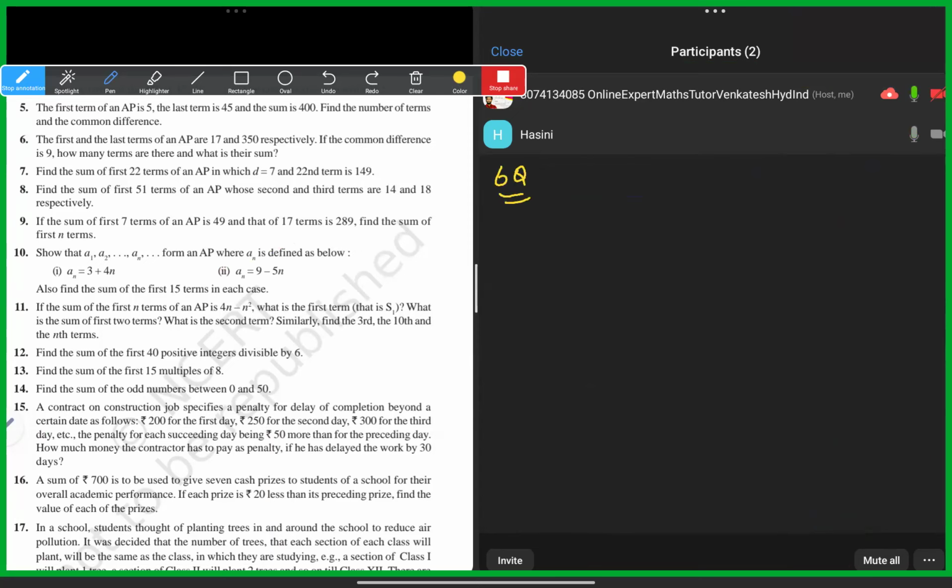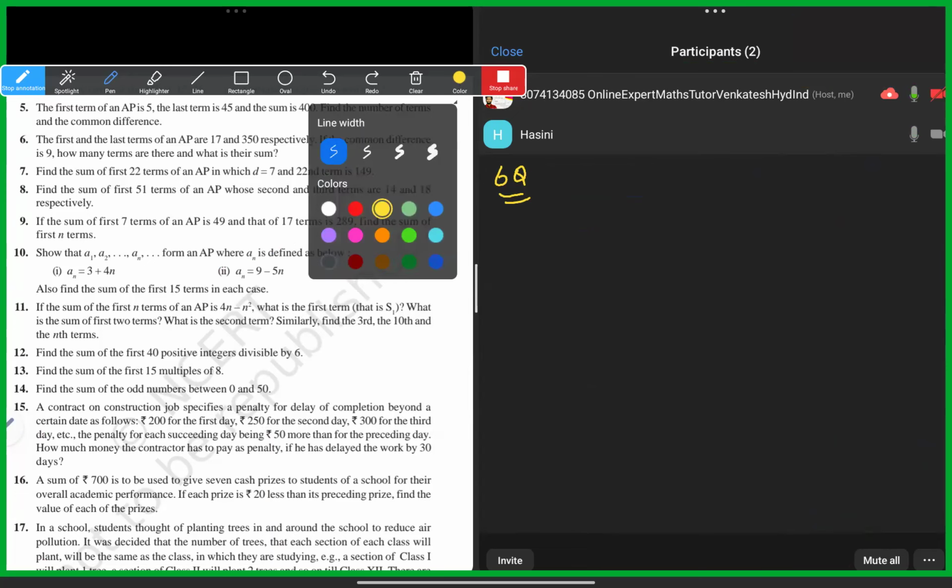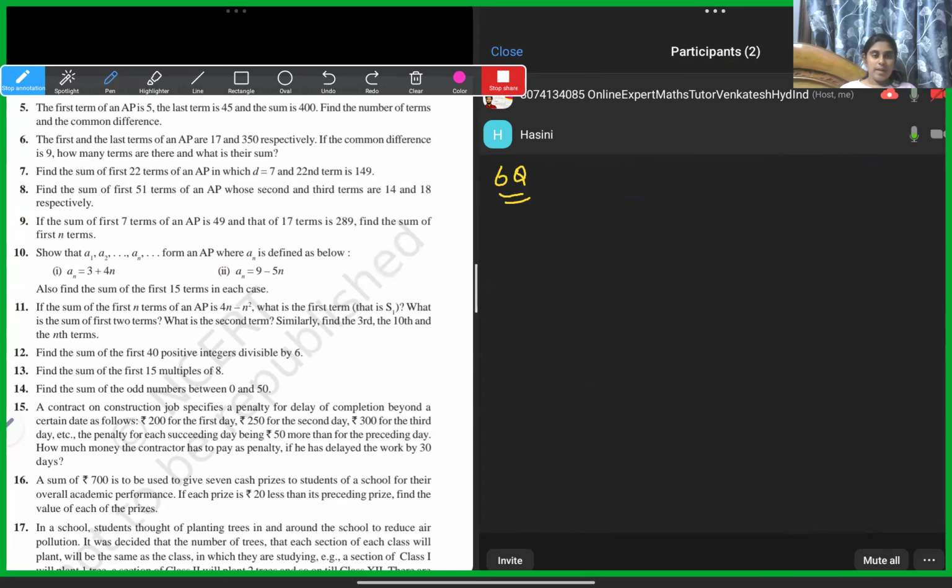Once you read the question, Hasni, the sixth one. The first and the last term of an AP are 17 and 350 respectively. If the common difference is 9, how many terms are there and what is their sum? Yes, Hasni.